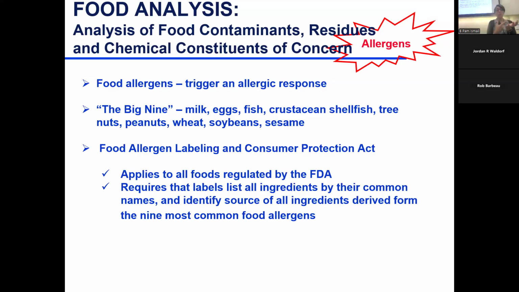Or if they don't contain peanut, but M&Ms, they are produced in the same manufacturing line where you have peanuts. So they could say may contain peanut allergy because they were manufactured in the same facility.